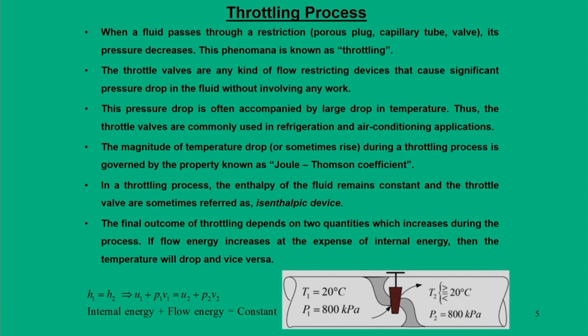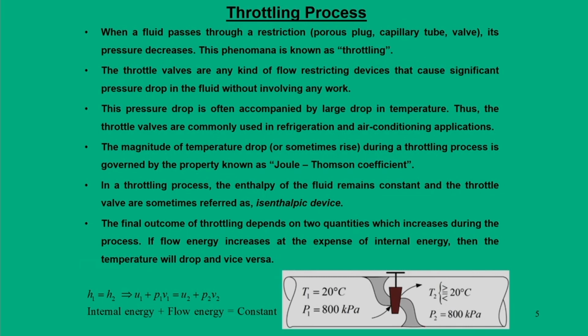But what does this throttle valve do? This comes under the broad heading of the throttling process. When a fluid passes through a restriction, such as a porous plug, or a capillary tube, meaning a very small tube, or any kind of valve, then its pressure decreases, and such a phenomenon is known as throttling.